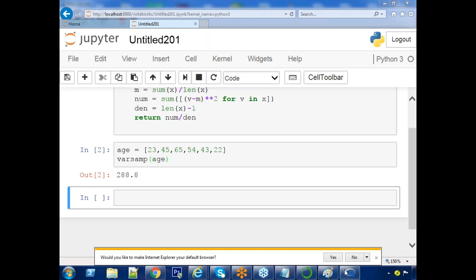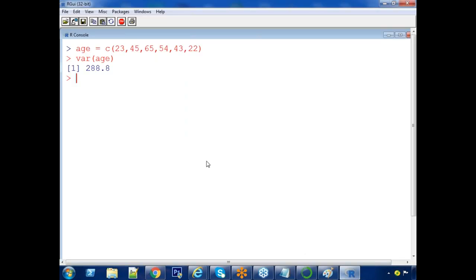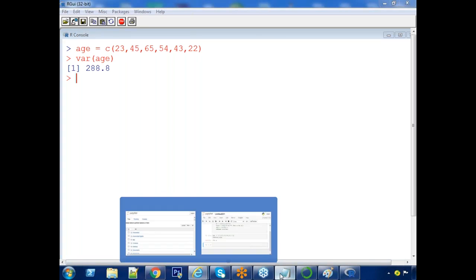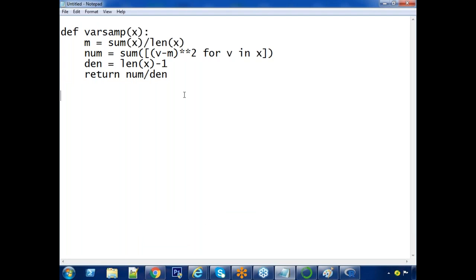Now, for the formula I have seen, the function development is this one. Take this function, all of you. Once again, before you write, try to recall what is the first line? Mean of that list. Mean means average.